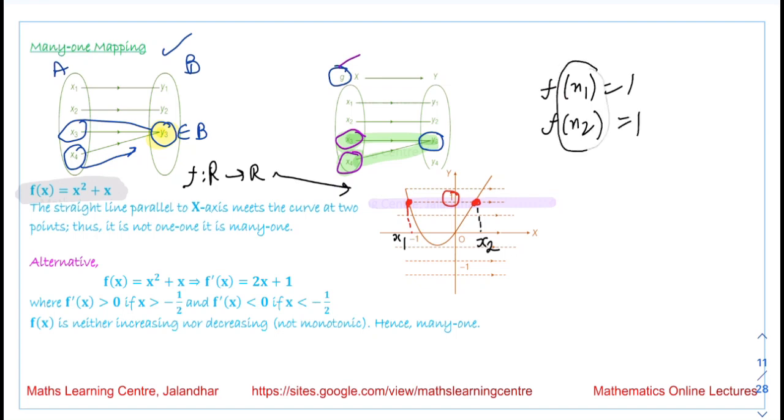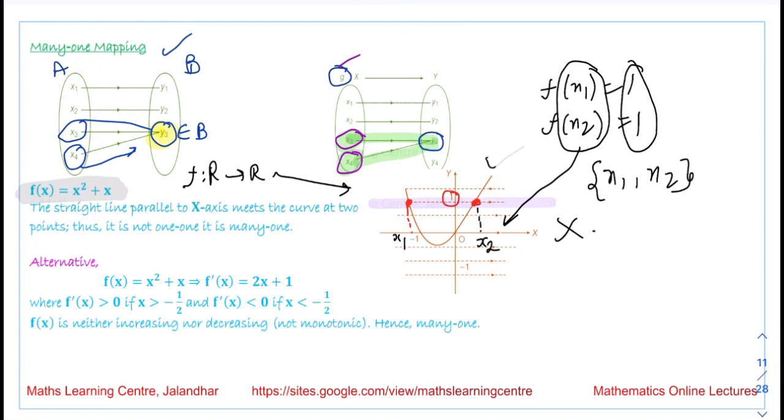So there are two distinct points x1 and x2 whose image is 1. It means the pre-image of 1 is {x1, x2}. So this map is not a 1-1 map, it is a many one map. This is the method how we check whether a mapping is 1-1 or many one using the graph.